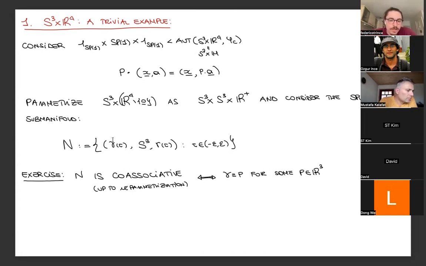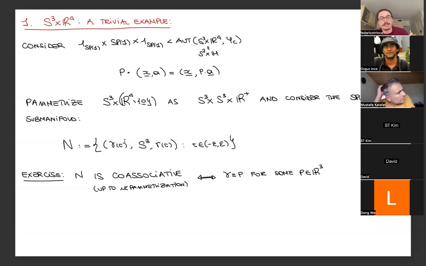Now, the exercise here is to write down the tangent space of this N and plug the tangent vectors into your 3-form. What you get is that the image is co-associative if and only if this first term here is constant.